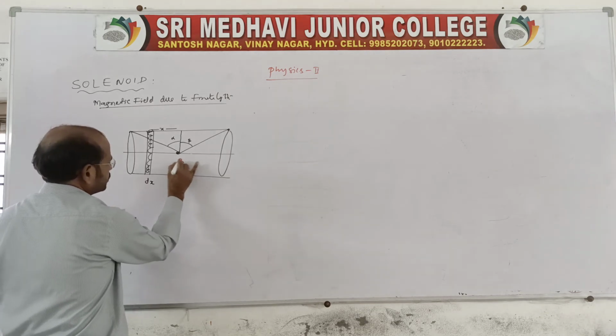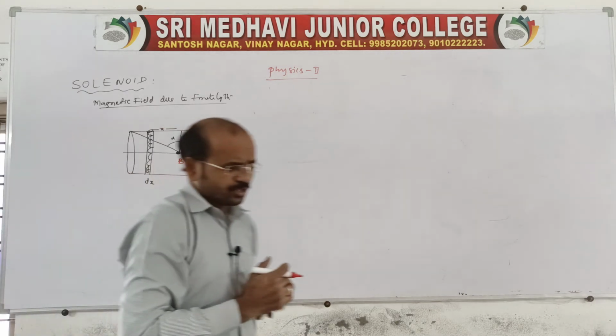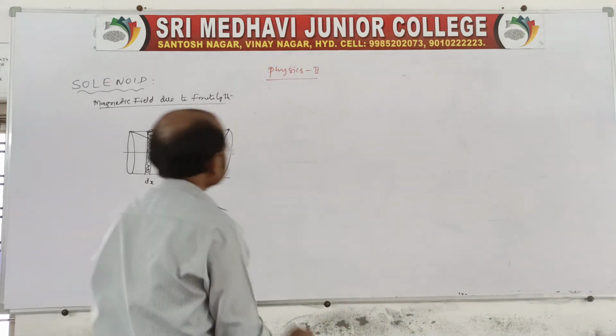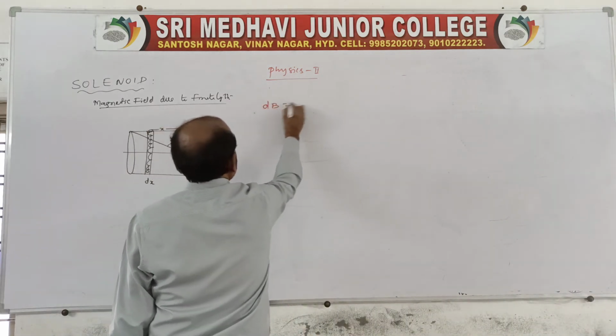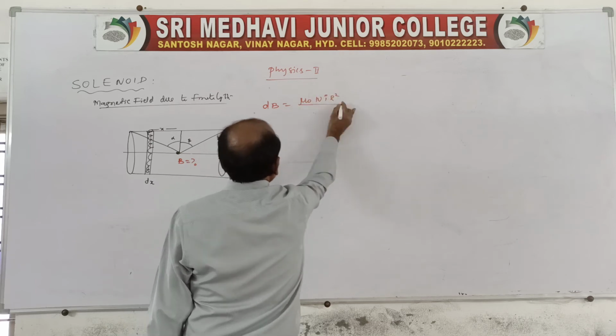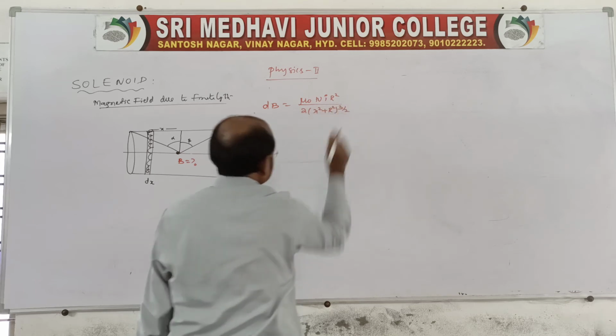We need to find B, no? Using this thickness, we know due to a circular coil, at a point, dB will be the magnetic induction, that is mu naught N I R square by 2 into x square plus capital R square whole power 3 by 2. Do you remember this?